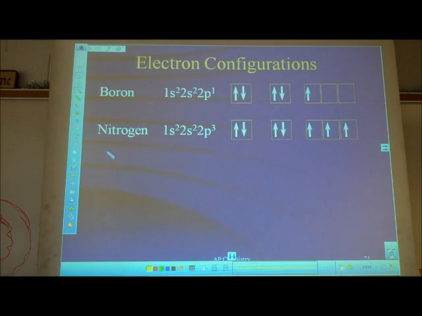I'm going to pick the element cobalt. Element 27, I think. Yeah, 27. If I asked you to write the electron configuration for cobalt, how would it start as any of them start? 1s2, 2s2.